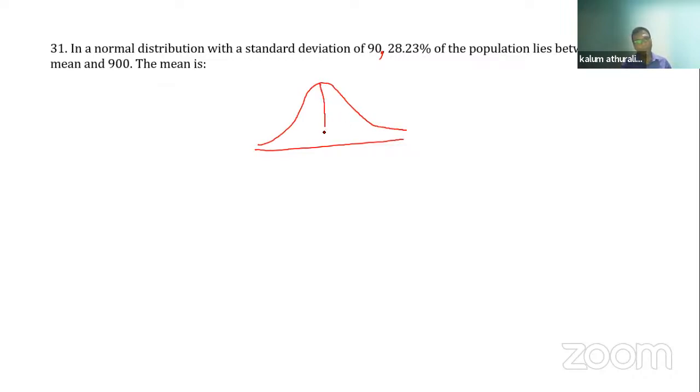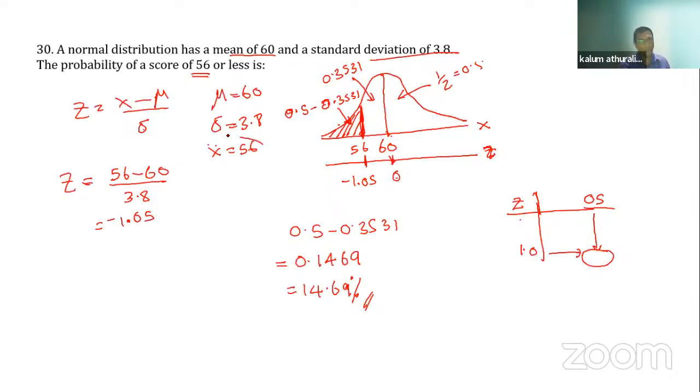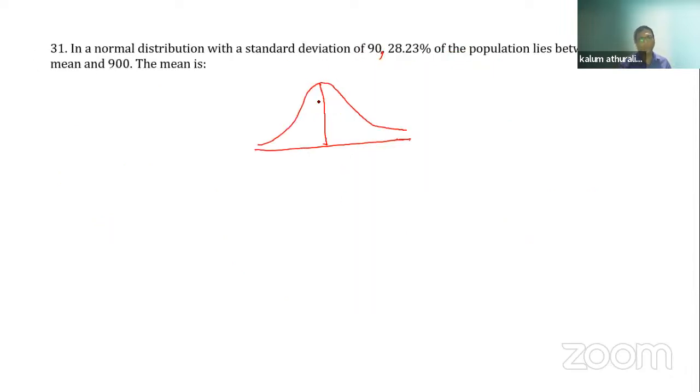We want to find the x value. In the earlier one, we had the x value and found the probability. Now the probability is given and we want to find x. Go to the reverse.